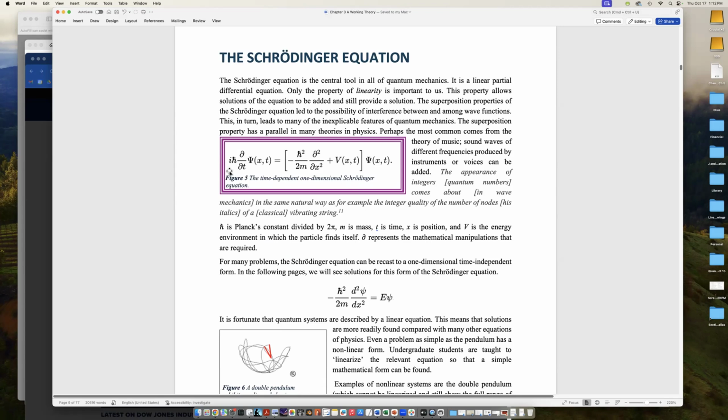First, we have i, the square root of -1. This is Planck's constant. This is the mass of the particle. There's Planck's constant again. When you see these kinds of equations, and we'll see another version of this later, just notice we're counting on Planck's constant and the mass of the object when we do this calculation.